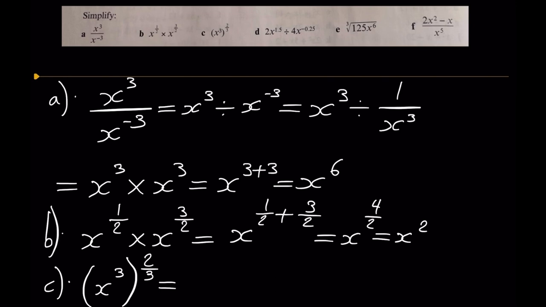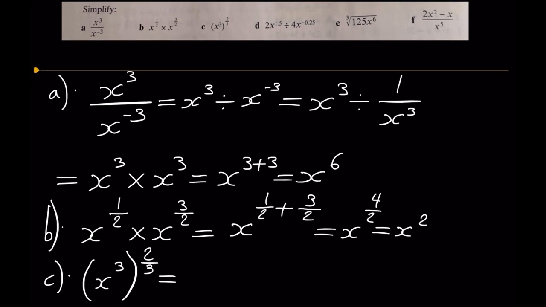Now for part C, again, we can just use another index law. We've got x raised to the power 3, and all of this is raised to the power 2/3. So all we do is multiply the exponents here. So we do 3 times 2/3. This is equal to x raised to the power 3 times 2/3, and that's equal to x squared.